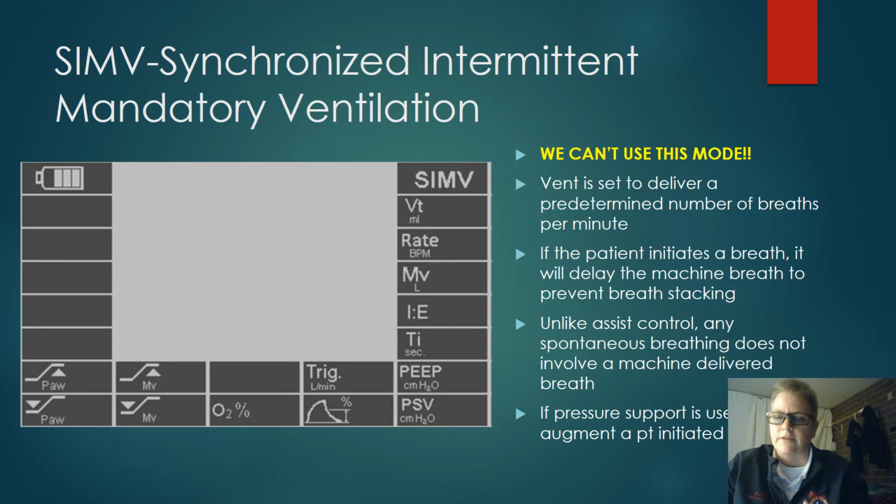It's an awesome, awesome mode that we can't use. So unlike assist control, any spontaneous breathing does not involve a machine-delivered breath, okay? So if pressure support is used, it will augment a patient's initiated breath, okay? Again, we can't use this, y'all. Okay, I'm teaching you right.